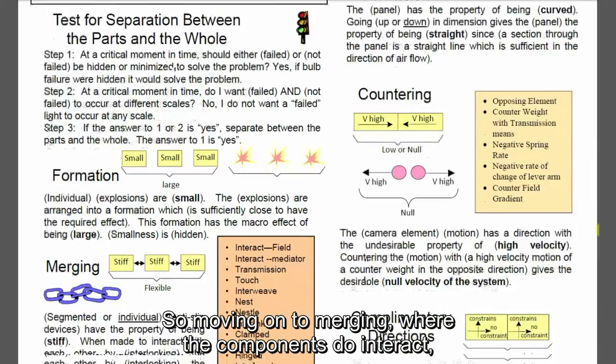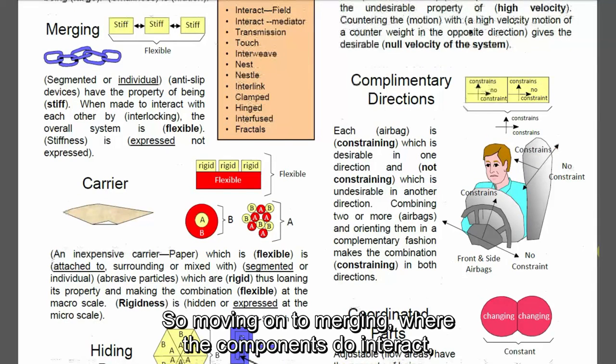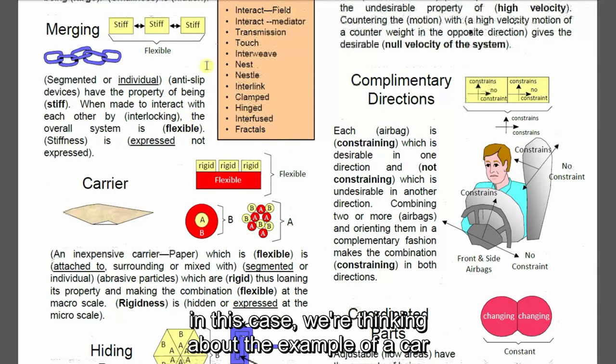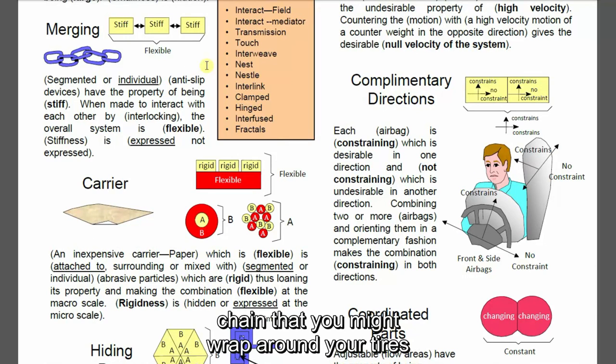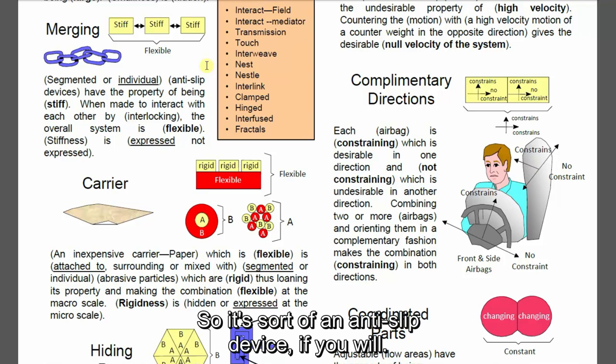So moving on to merging, where the components do interact. In this case, we're thinking about the example of a car chain that you might wrap around your tires if the roads are icy to get better traction. So it's sort of an anti-slip device, if you will.